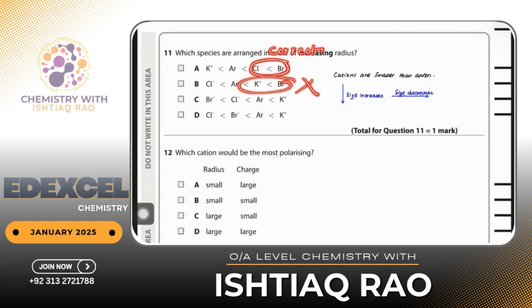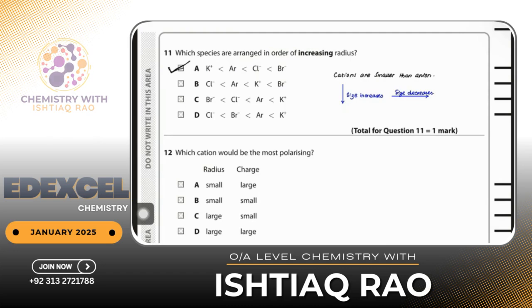Okay. No, this is correct, because this is cation. And cations are smaller than the normal one. So this is wrong. And anions are larger than argon simple atom. Yeah, this is also correct. And yeah, A is correct, isn't it?